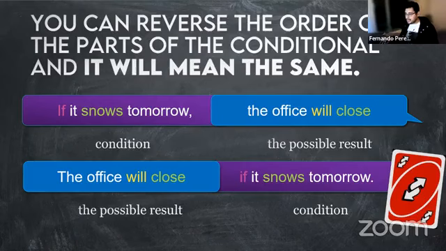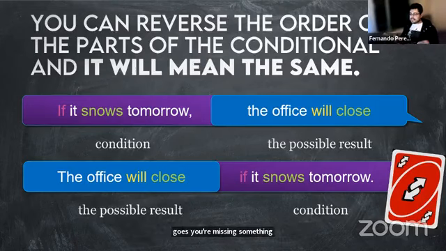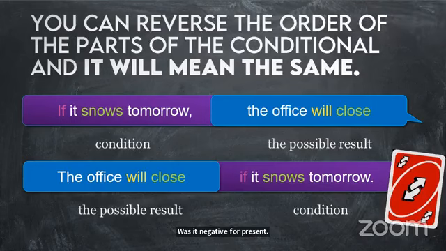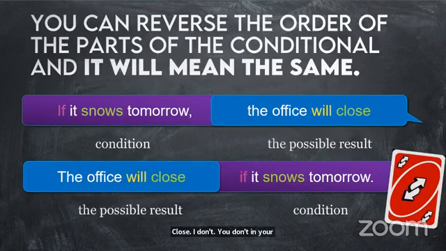If it rains tomorrow, I can do home office. Very good. If my boss not goes. Auxiliary negative. If my boss not goes, you're missing something. What is a negative for present? Okay, it is don't. Close. I don't, you don't, and your boss? Doesn't. Doesn't, exactly.